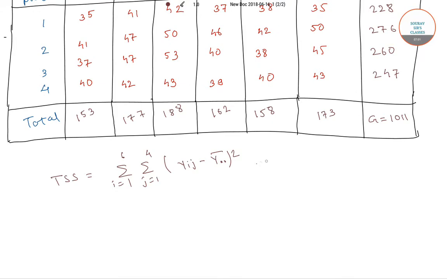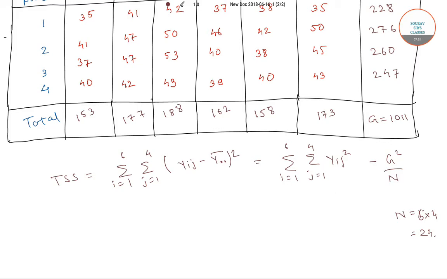This is equal to the summation of Yij square minus G square by capital N, where capital N equals K, which is 6 in this case, into L, which is 4. So capital N is equal to 6 times 4, that is 24, and G is equal to 1011.